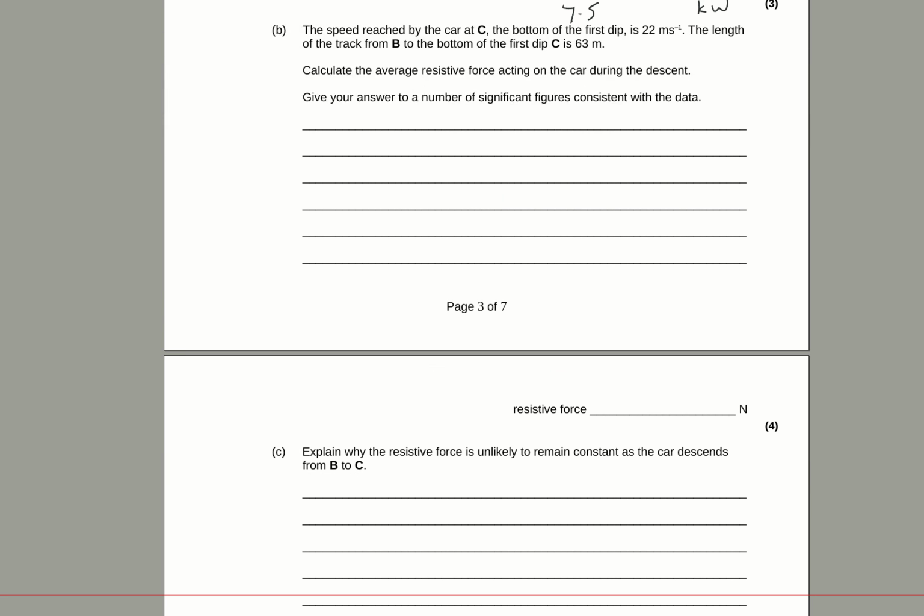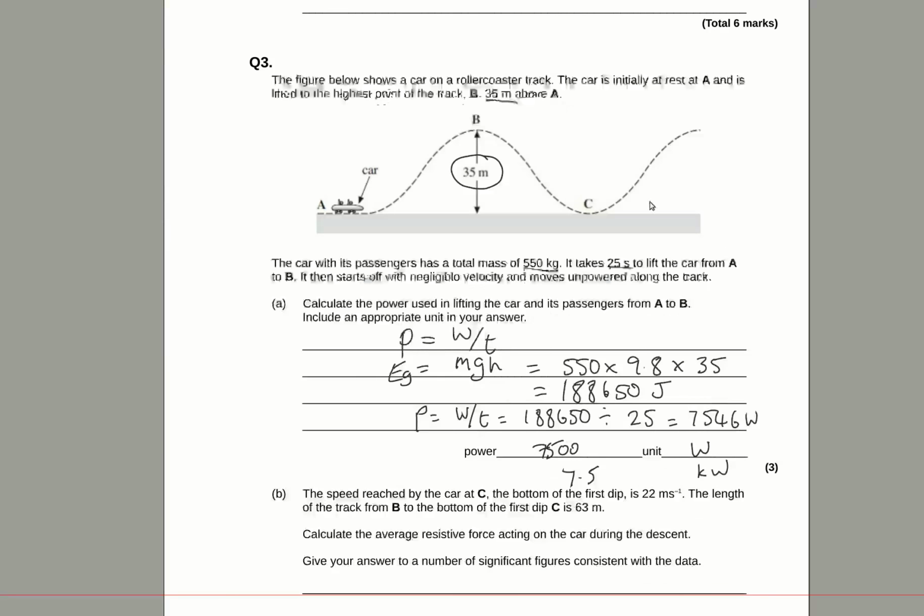Next part. The speed reached by the car at C, the bottom of the first dip, is 22 metres per second. The length of the track from B to the bottom is 63 metres. So we're told it goes from here to here and reaches a speed of 22 metres per second here.